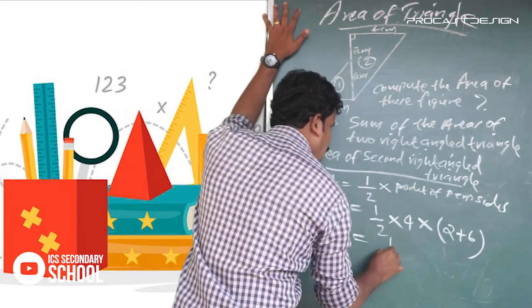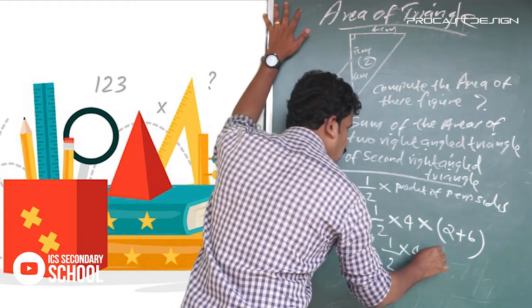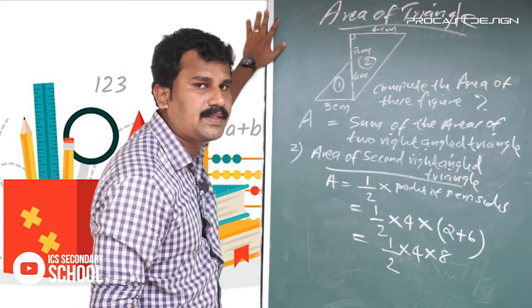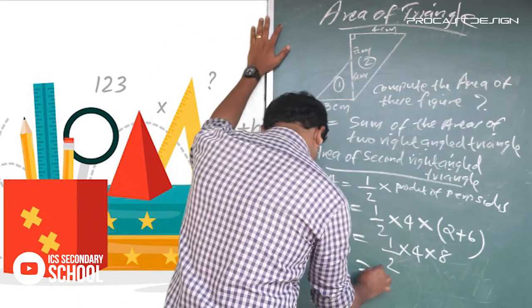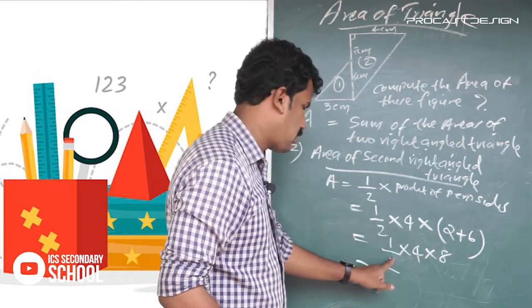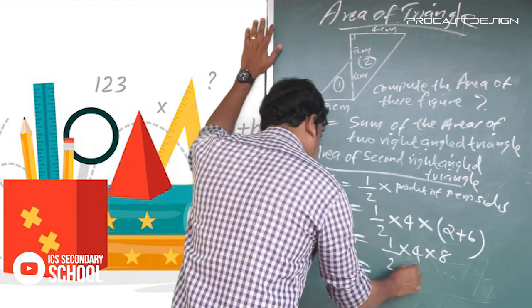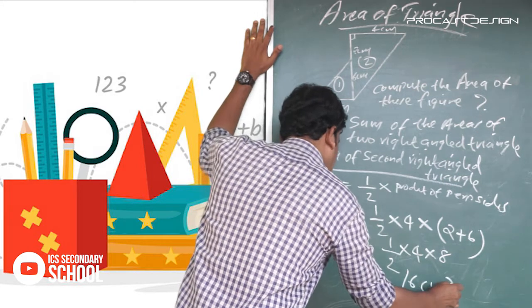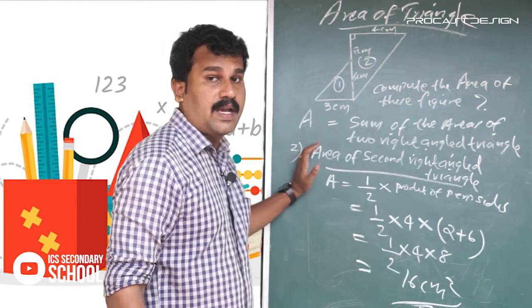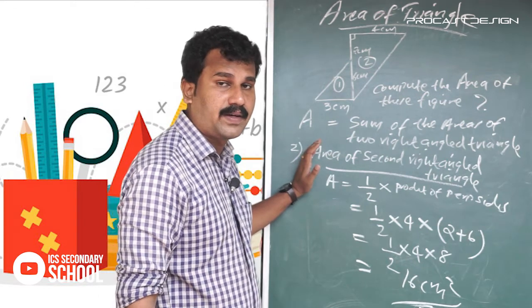That is half into 4 into 8. So area equals 4 into 8, 32 by 2, that is equal to 16 centimeter square, that is the area of the second right angle triangle.